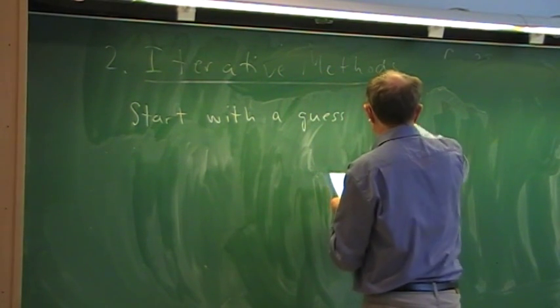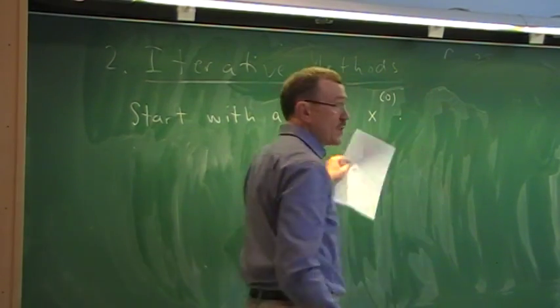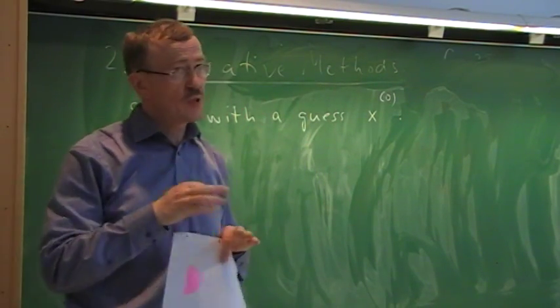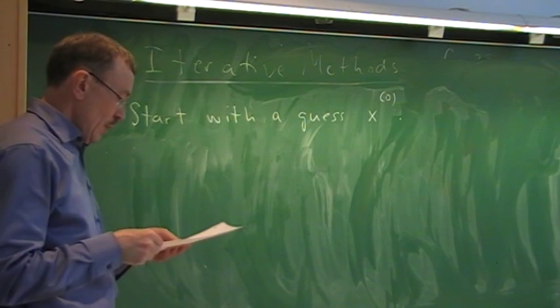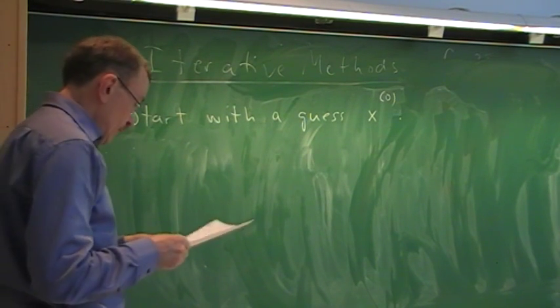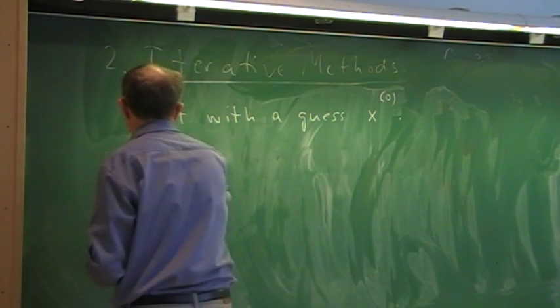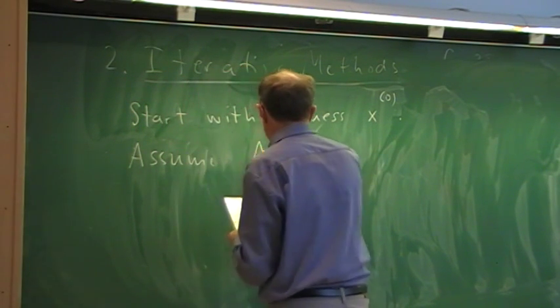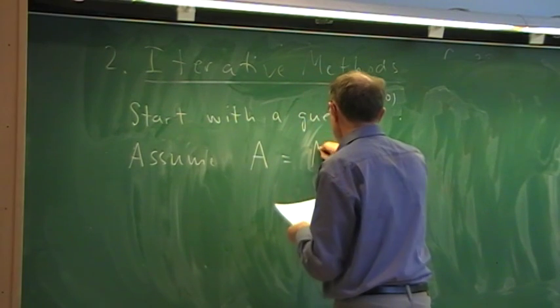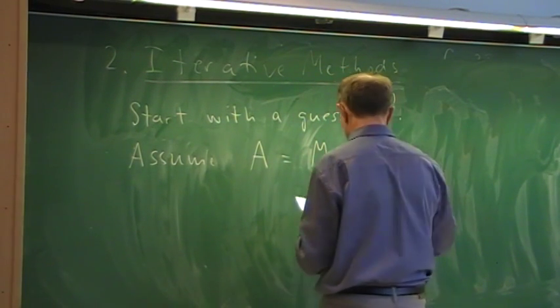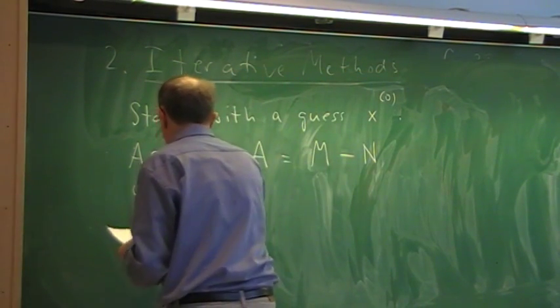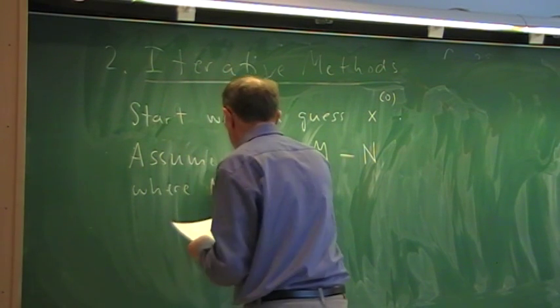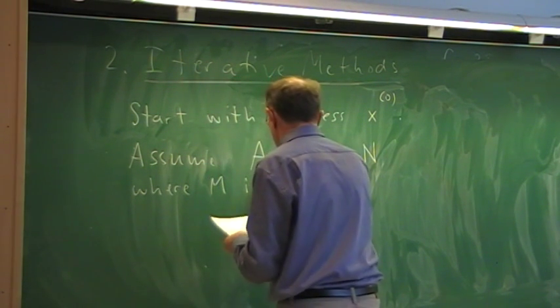In the skeleton program that you got, this guess was 0, just arbitrary. You could do something else. What we assume here is that we can decompose or write A as a difference of two matrices, where the M matrix should be non-singular.